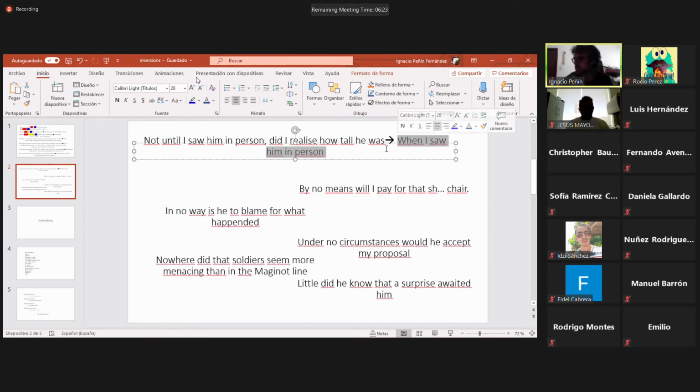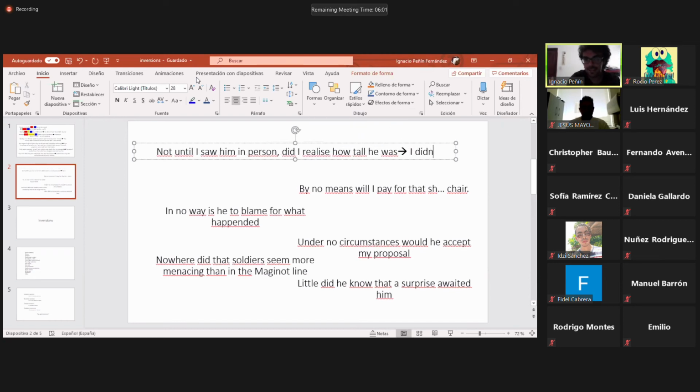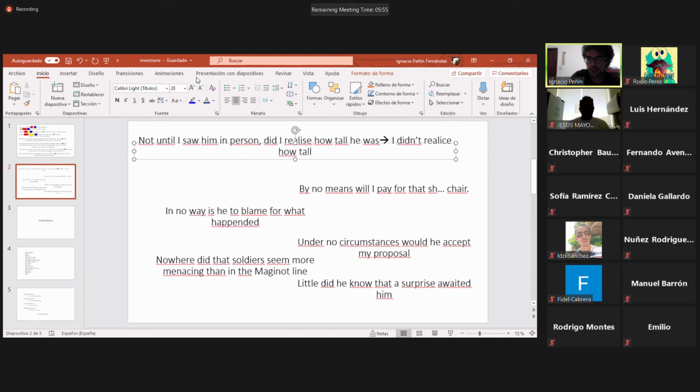Okay, it's okay. Your rewriting has changed a little bit the meaning of the sentence. You can preserve the first part, not until I saw him in person, but changing only this structure. For example, I didn't realize how tall he was until I saw him in person.